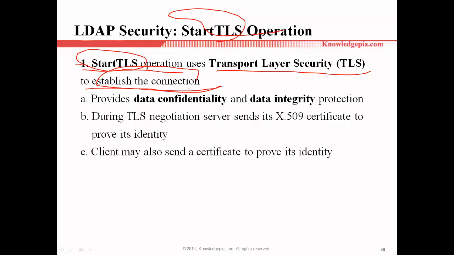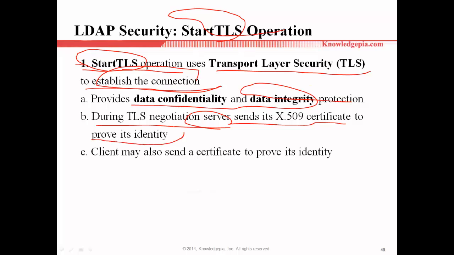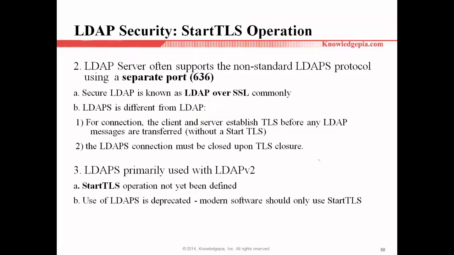Using this connection, StartTLS provides data confidentiality and data integrity protection. During TLS negotiation, the server normally sends its X.509 certificate to prove the server's identity. The client can also send a certificate to prove its identity.